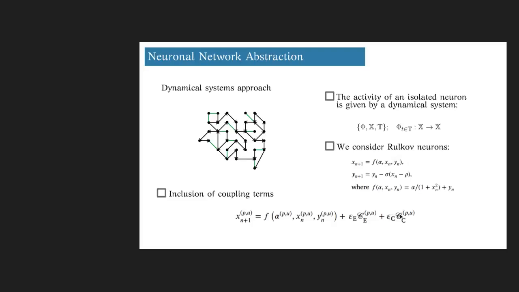If the strength of chemical connections epsilon C equals 0, we do not have chemical connections in the considered network, which is not realistic, of course. And if epsilon E is 0, we have no electrical connections. In the human brain, we have around 10 or 20% of electrical connections, and in some simulations we can make epsilon E equal to 0, but not epsilon C equal to 0.